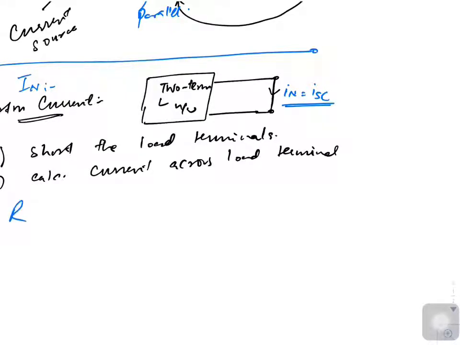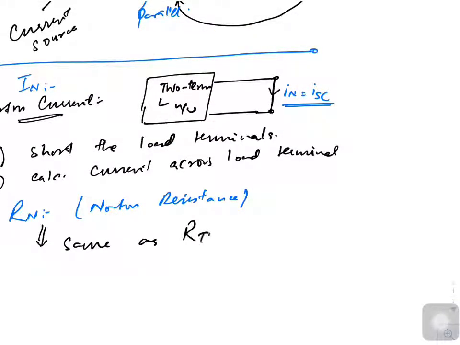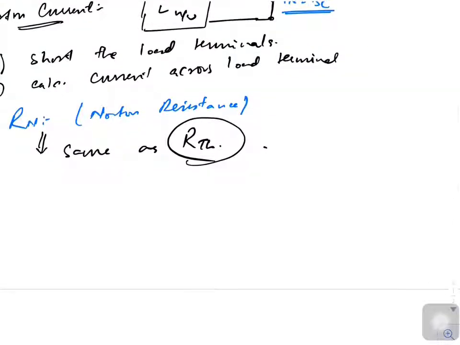The second parameter is Norton resistance. So what is Norton resistance? Norton resistance is exactly the same as your RTH. All the steps that we discussed in our earlier video for the calculation of RTH, the same way we can calculate Rn.